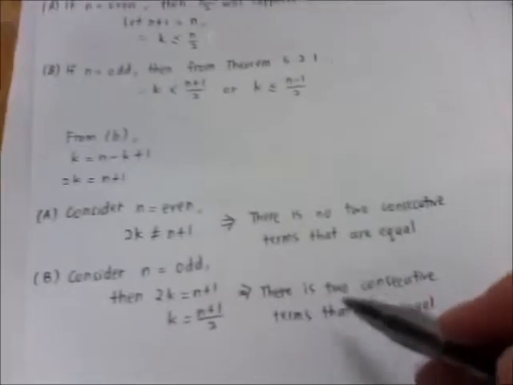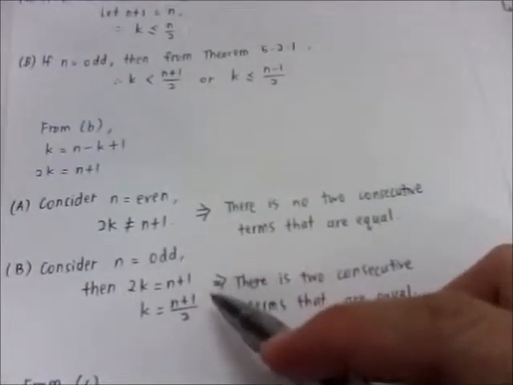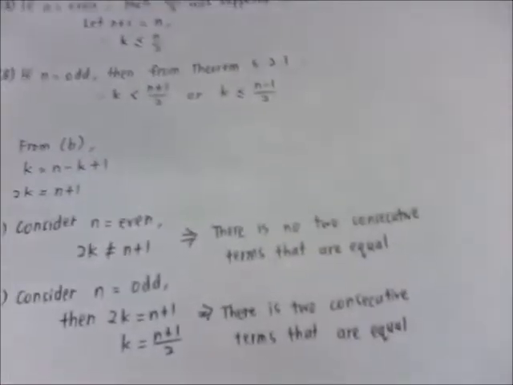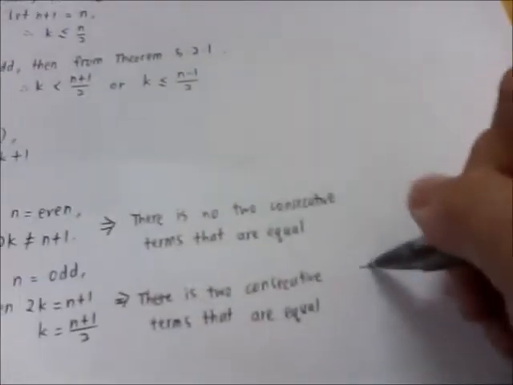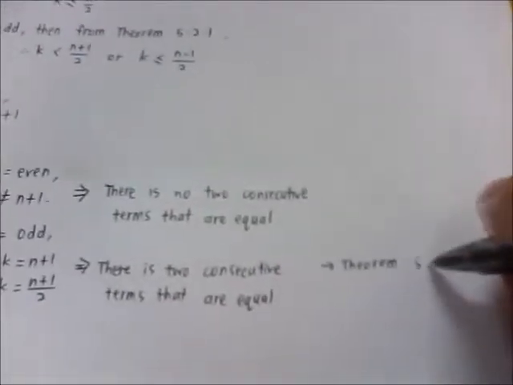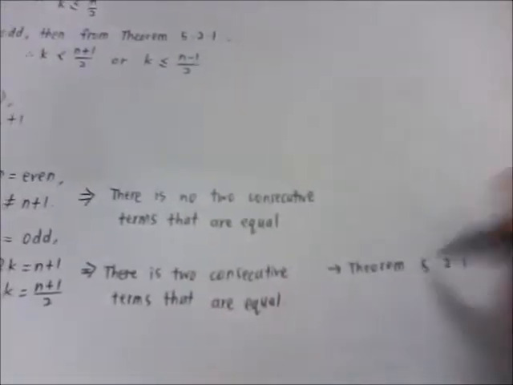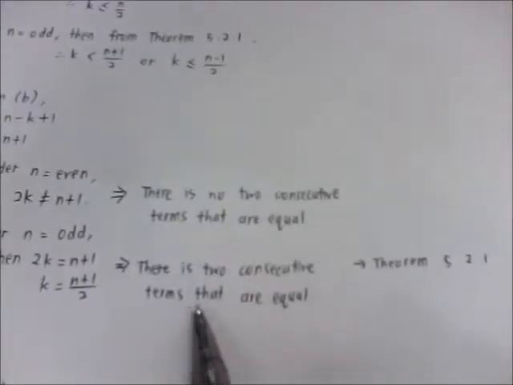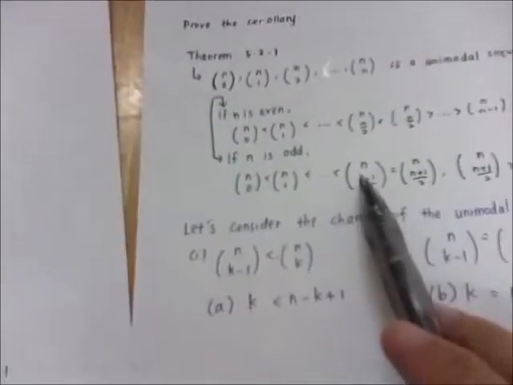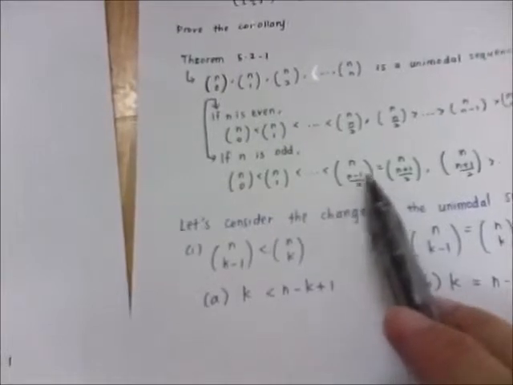Okay, however, from this case, actually we can see from theorem 5.2.1, write down here, theorem 5.2.1, we can actually see that the terms that are equal are these two, the n of n minus 1 over 2 and the n of n plus 1 over 2.